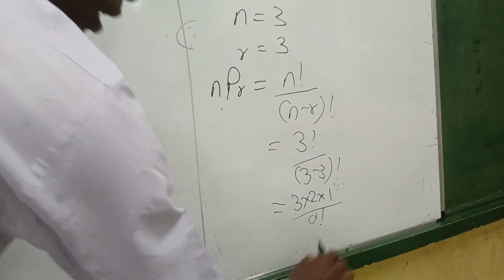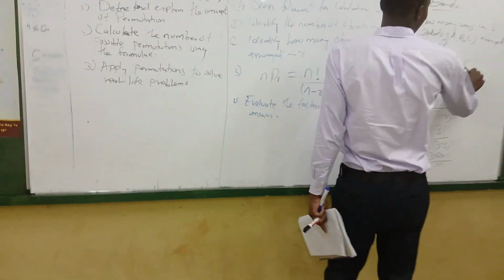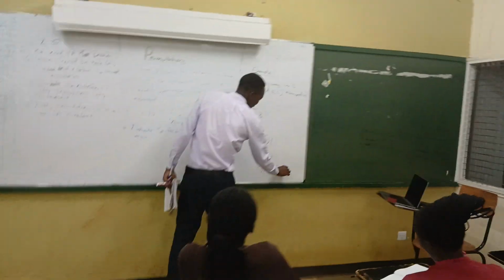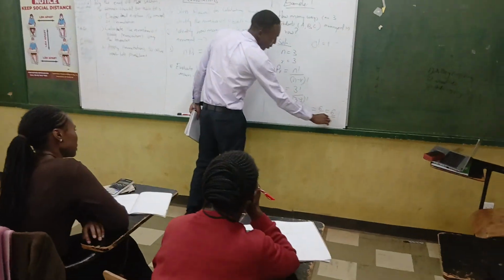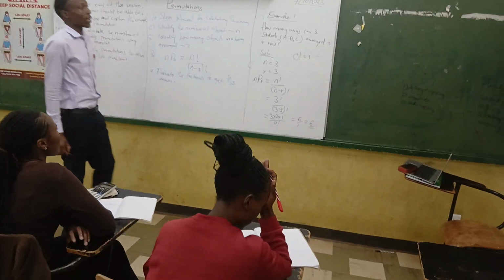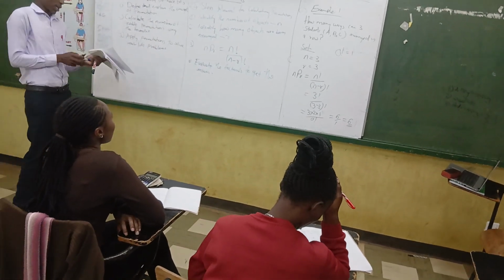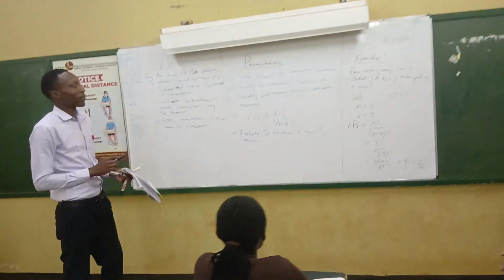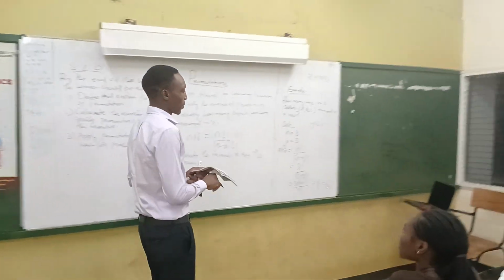In our calculator, 0 factorial is always 1. So the answer will be 6 over 1, which is the same as 6. So we can arrange these students in 6 ways without repeating or without them being in the same position.